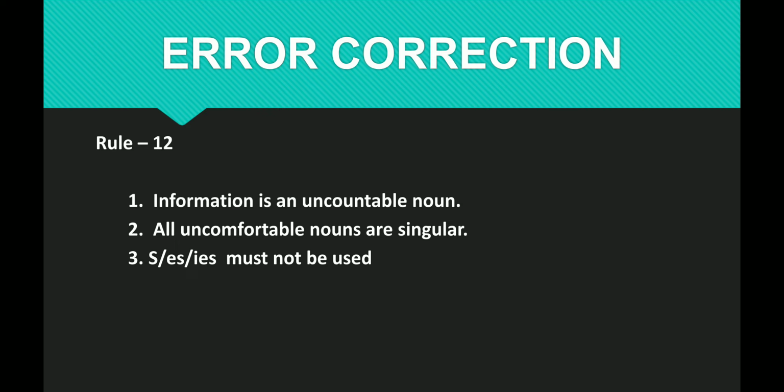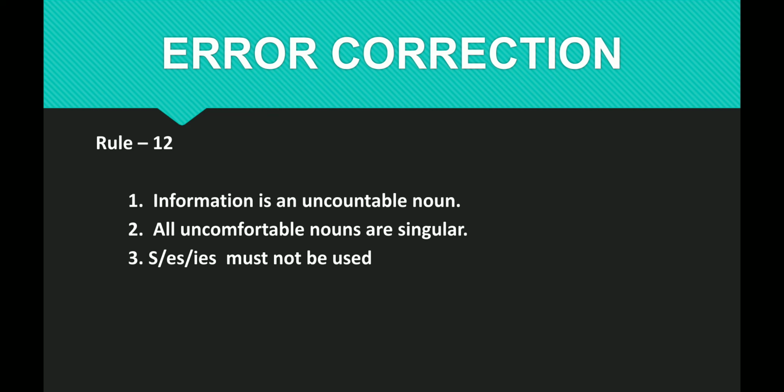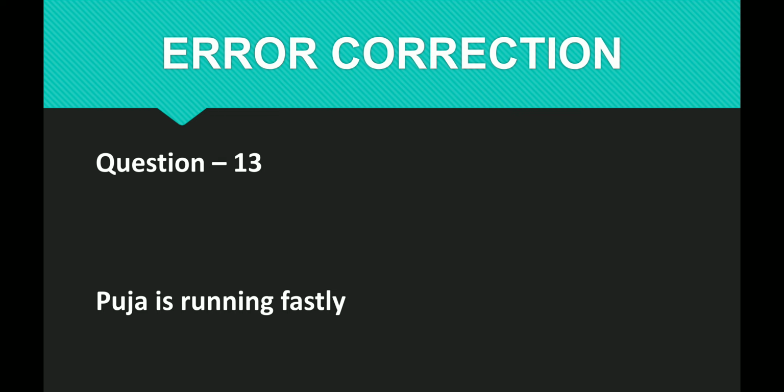We use S, ES, IES to make a word plural, but we cannot make it plural because information is an uncountable noun. So the correct sentence would be, his information was not correct. So avoid using S.